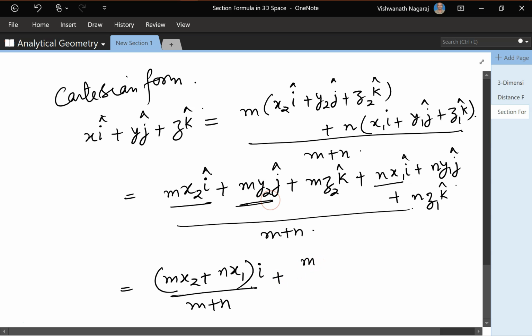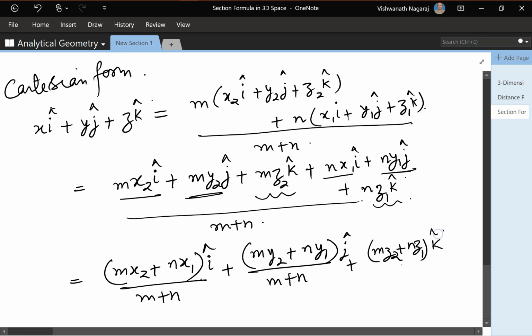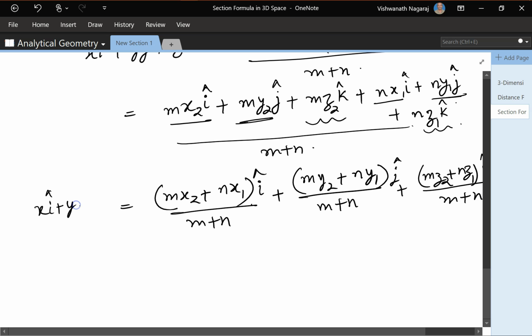Plus j and j: my2 plus ny1 by m plus n times j, plus now k: mz2 plus nz1 by m plus n times k. That's the xi plus yj plus zk.